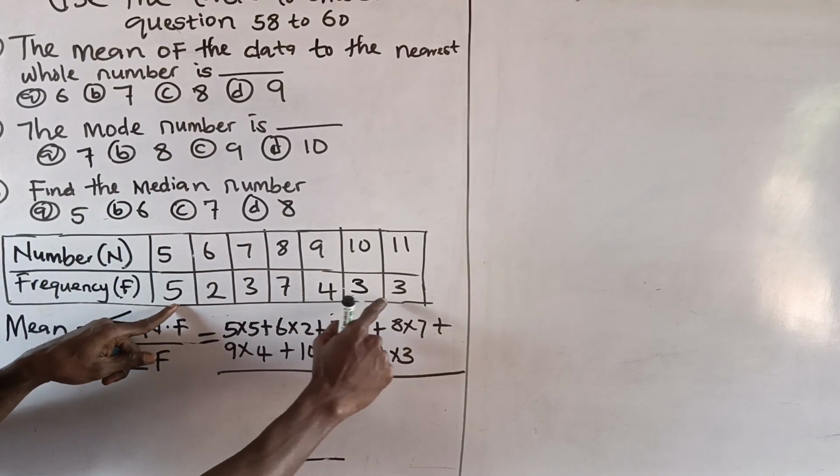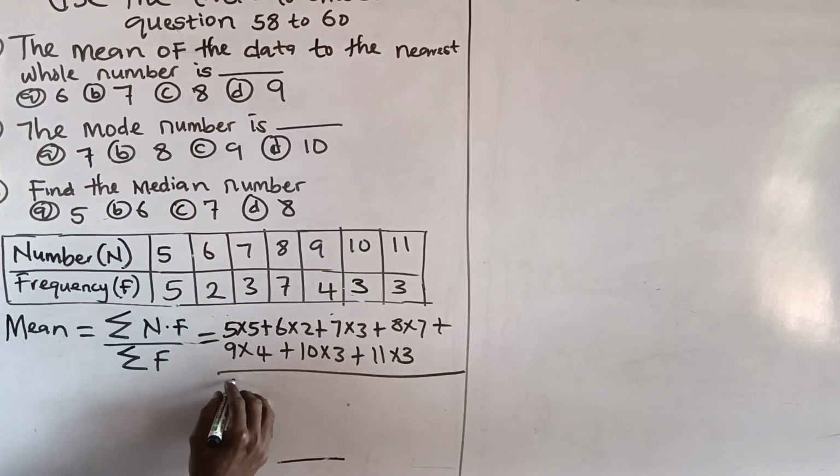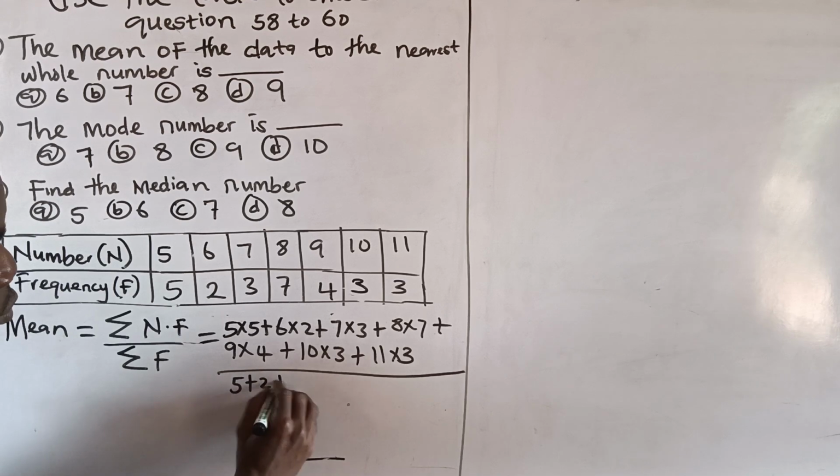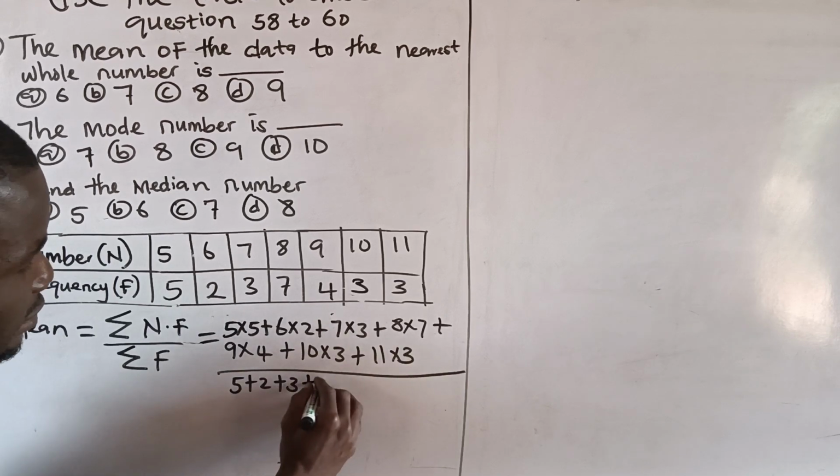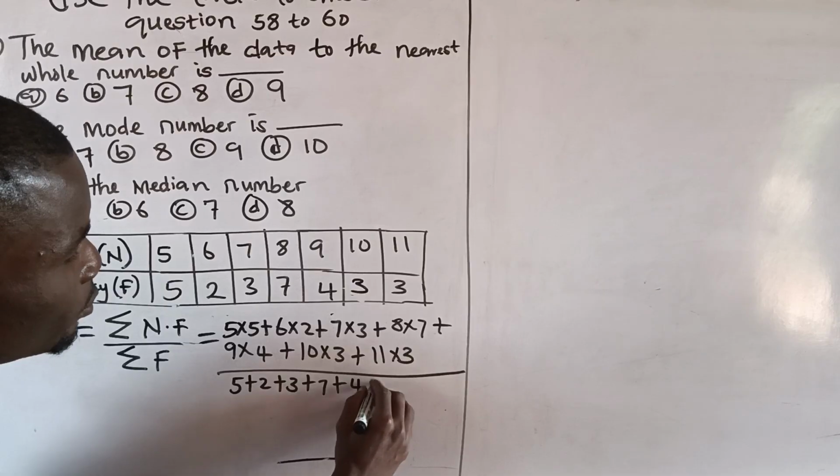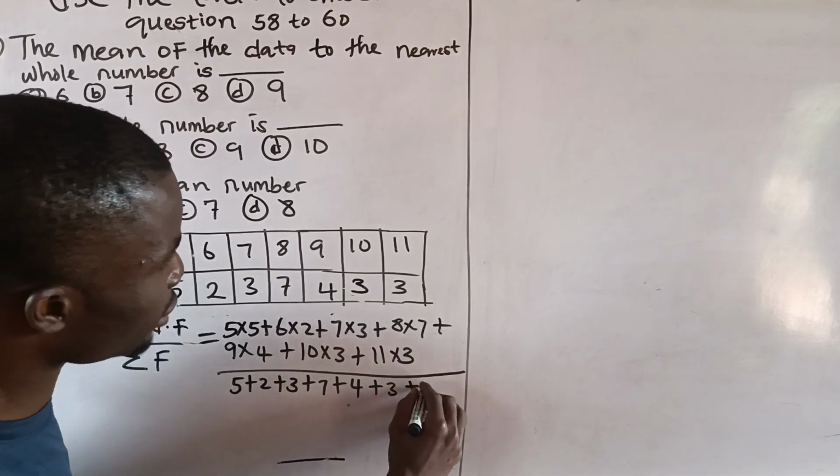We are summing all this together. Summation f, which is 5 plus 2 plus 3 plus 7 plus 4 plus 3 plus 3.